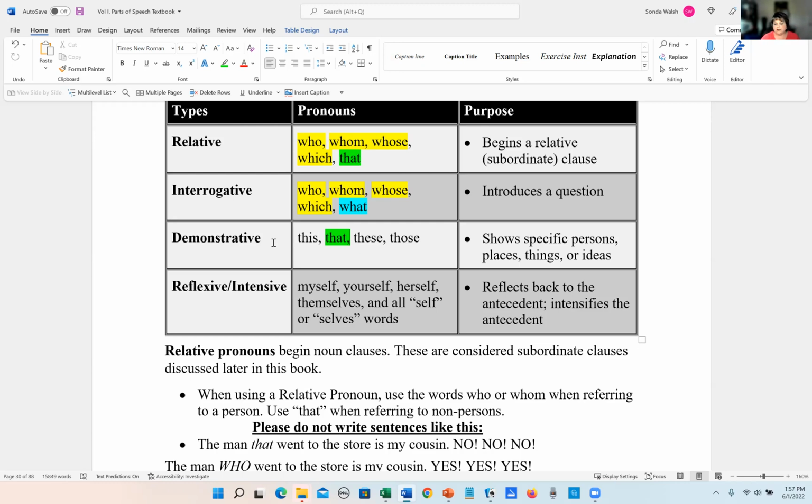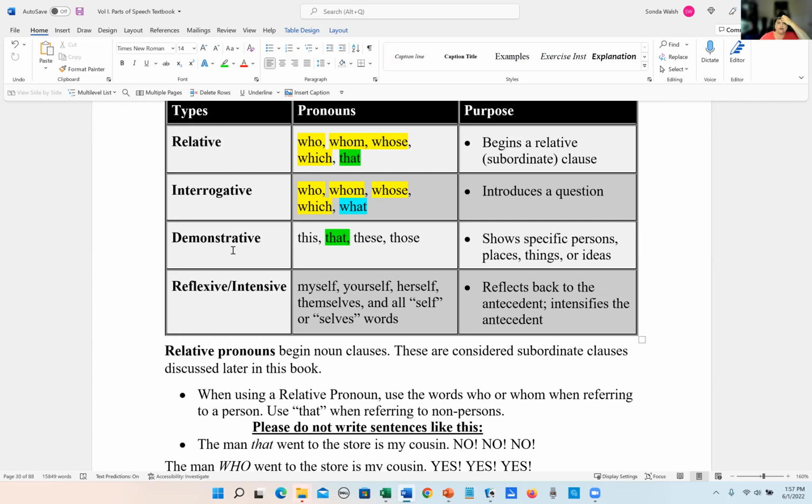But if I put them over there, I say, those are my headphones. So it shows a space, a place as well. But demonstrative pronouns are used in front of specific persons, places, things, or ideas to say which ones you're talking about. This thing or that thing. These things or those things.